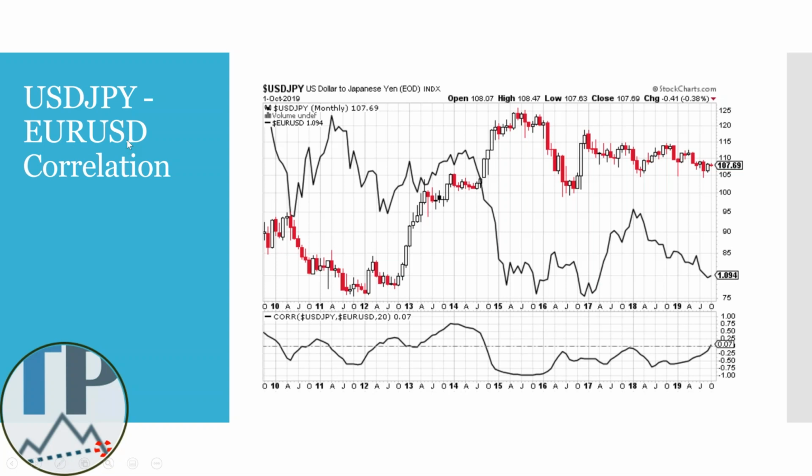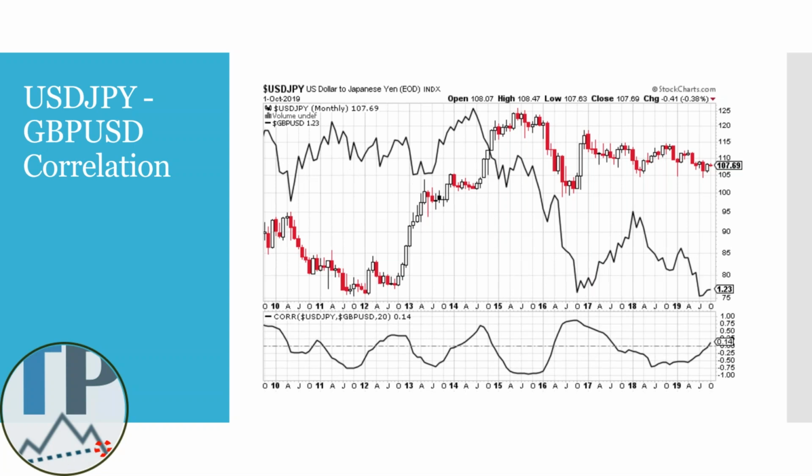Quite often intuitively we would think that when the euro US dollar rises, the US dollar Japanese yen should fall. But this correlation plot down here shows you quite clearly how this correlation does actually go into the positive quite a few times within this 10-year history. So it's not as clear cut as perhaps some may have assumed.